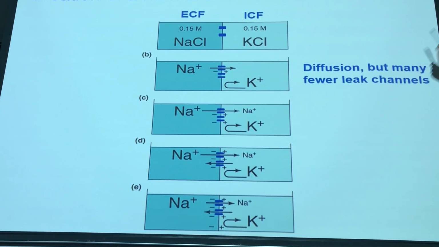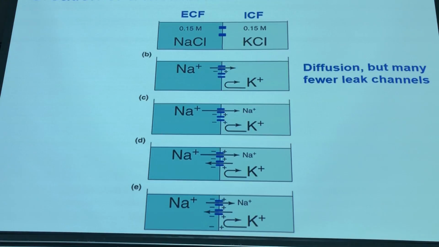The big difference between sodium and potassium is that there are fewer leak channels with sodium. There are fewer leak channels. So when we talk about the resting membrane potential of the whole neuron, it makes a difference.